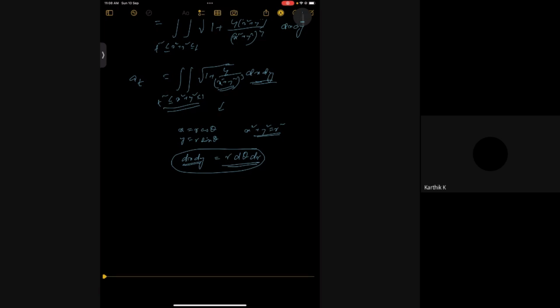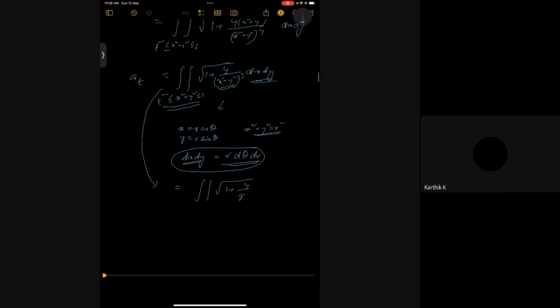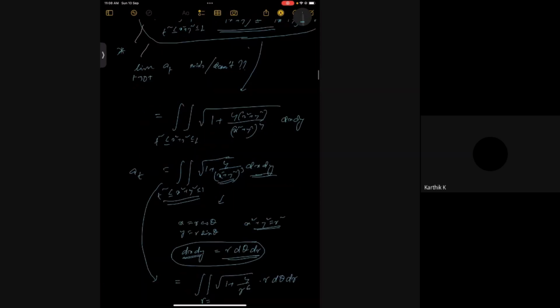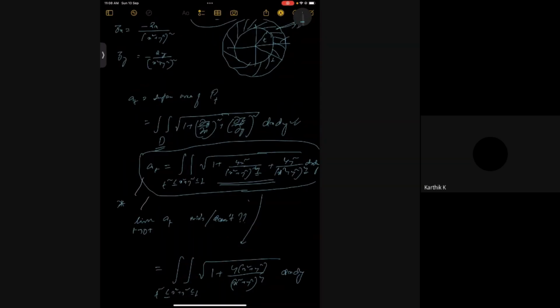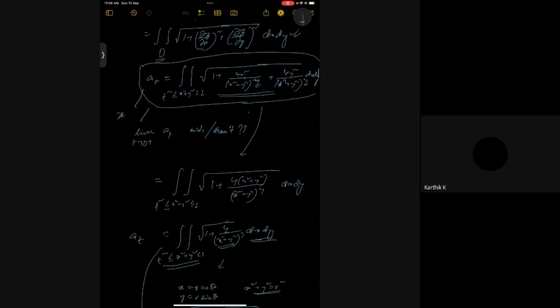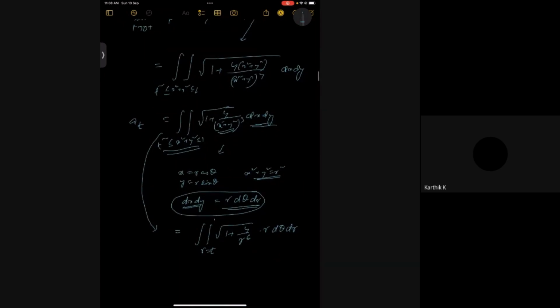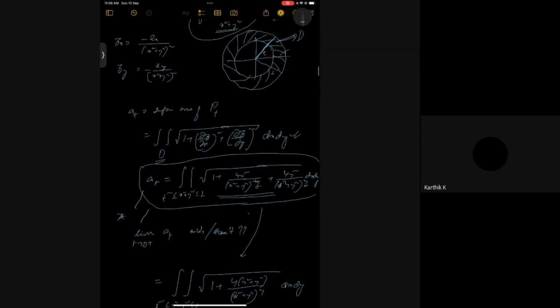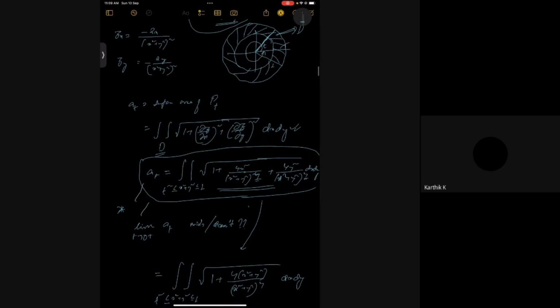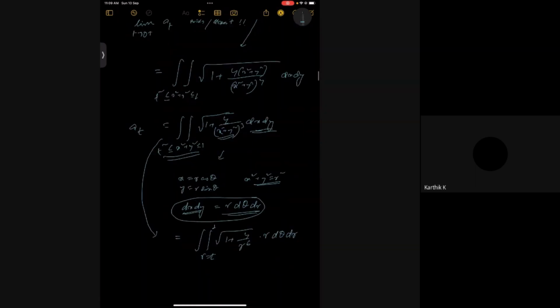So in that case, this expression is exactly equal to the square root of 1 plus 4 times r squared to the power 3, that is r to the 6, into r d theta dr. Our r starts from t, the radius, and goes till 1, and theta goes from 0 up to 2 pi, a complete rotation.